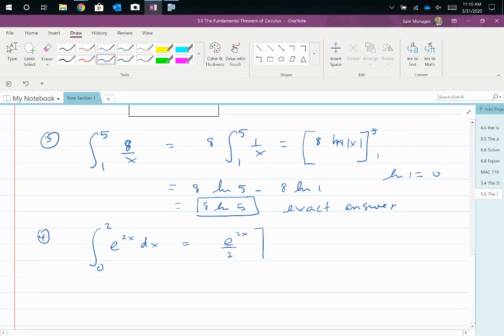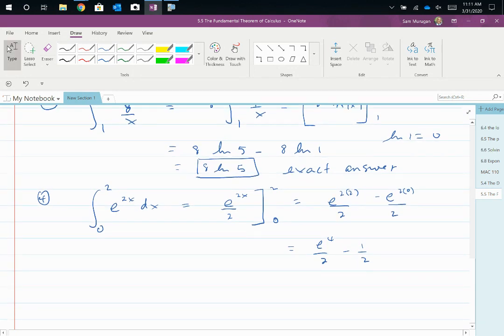This is integrating between 2 and 0, substituting numbers here: e to the power 2 times 2 over 2 minus e to the power 2 times 0 over 2. So this is e to the power 4 over 2. Then e to the power 0 is 1, so 1 over 2.